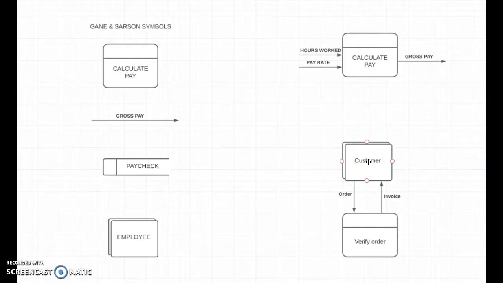For example, a customer placing an order to an online ordering system would be a customer entity. Data flow diagram entities are also called terminators because they are the data origin, and also the data's final destination.